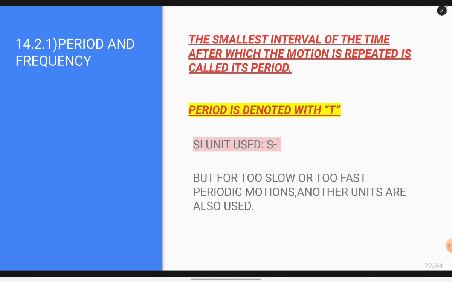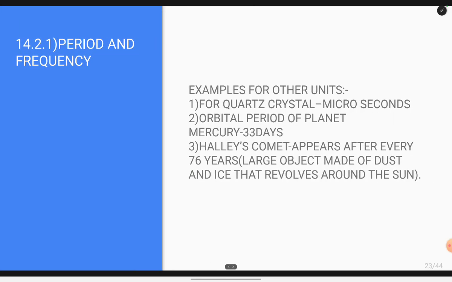The unit of period is second, but for too slow or too fast periodic motions, other units are also used. According to NCERT, an example for other units is the quartz crystal, microseconds. Second example is very important: the orbital period of planet Mercury is 88 days.